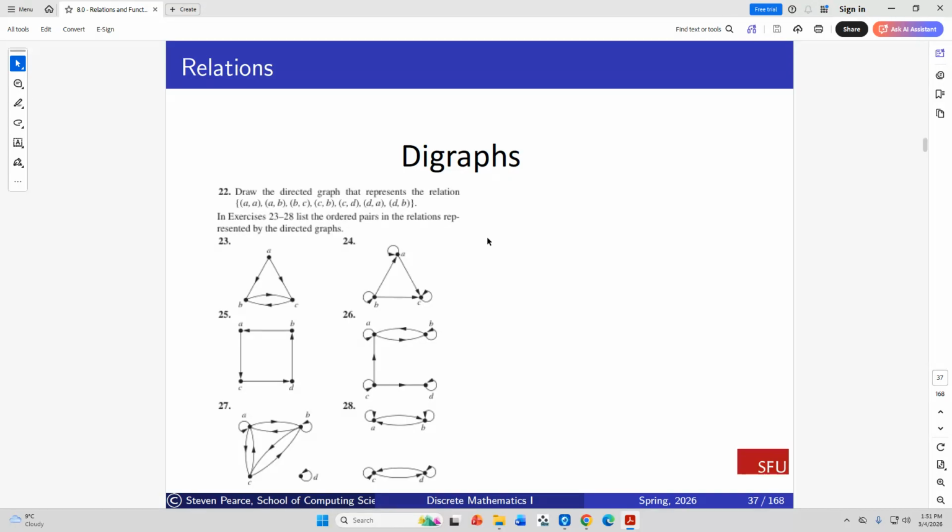BC. CB, oh, that's at least partly symmetric. CD. DA and DB.